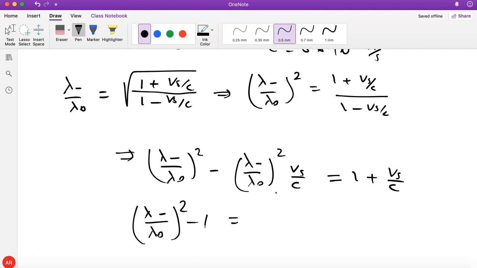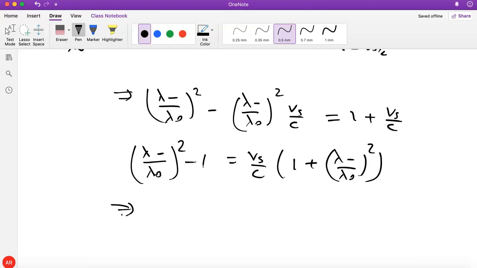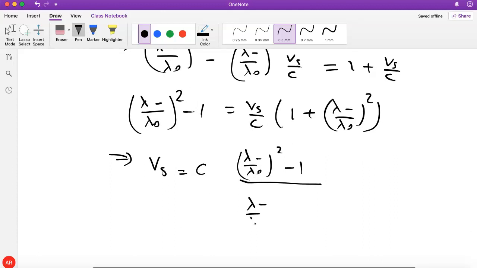We take this term to the other side, factor out Vs over C, so we get 1 plus this quantity. And finally, we divide by this coefficient, we multiply by C, so we find Vs is given by C times ((lambda minus over lambda naught) squared minus 1) over ((lambda minus over lambda naught) squared plus 1).